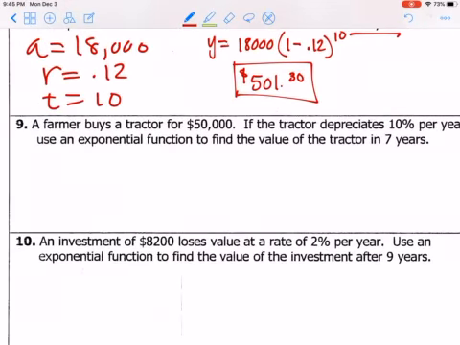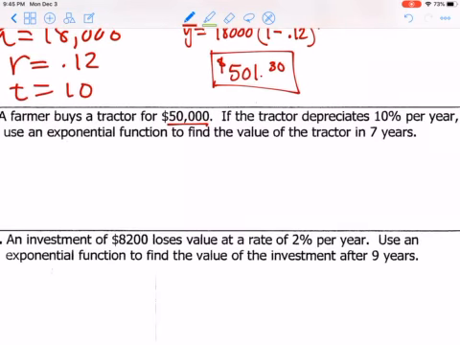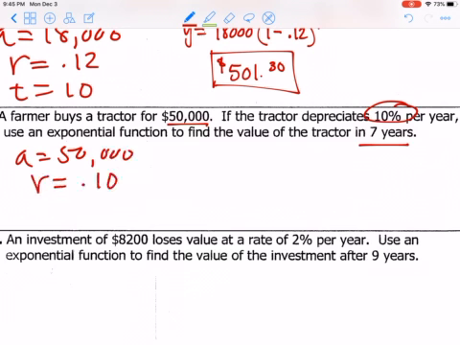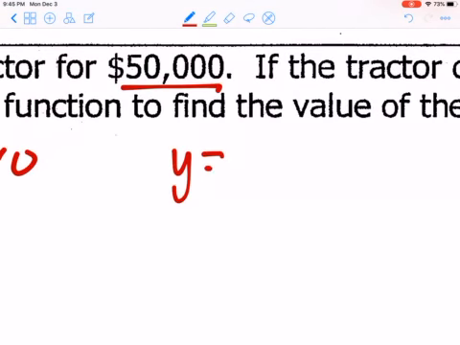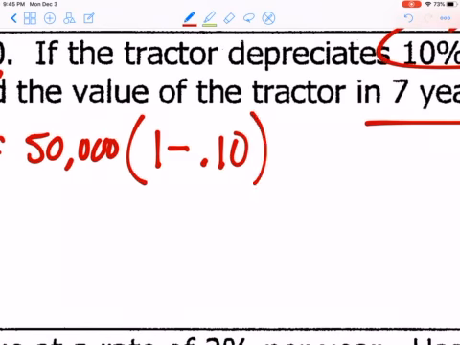Number 9, a farmer buys a tractor for $50,000. If the tractor depreciates 10% per year, use an exponential function to find the value of the tractor in 7 years. So again, A is 50,000, R is 0.10, and T is 7, which gives us an equation of Y equals 50,000 times 1 minus 0.10, and raised to the 7th power.